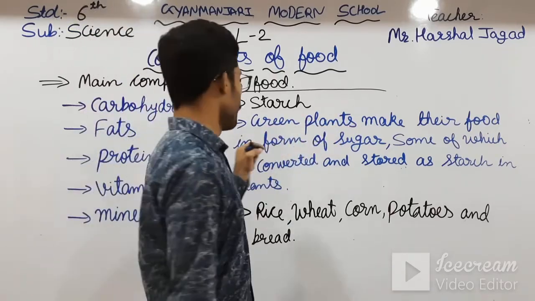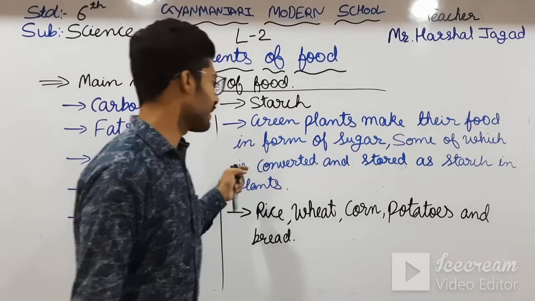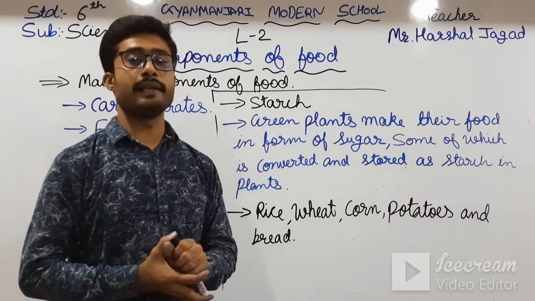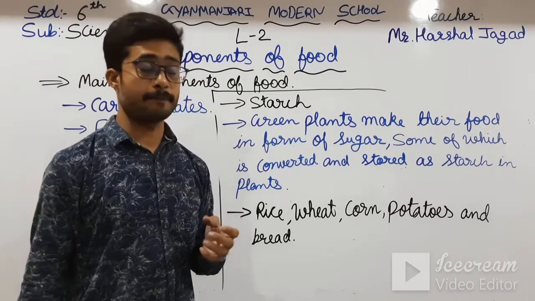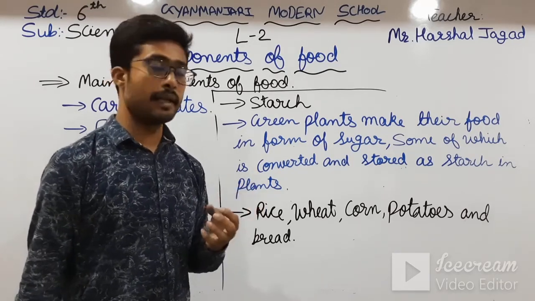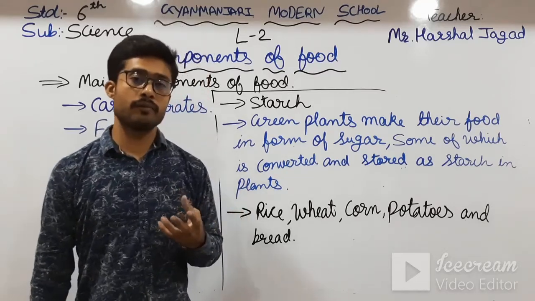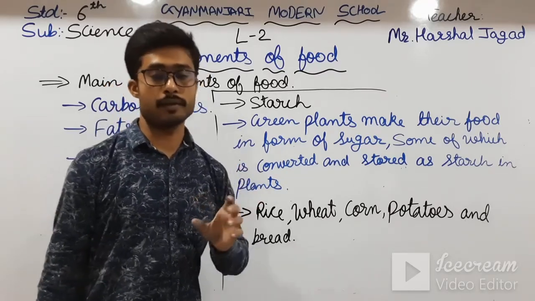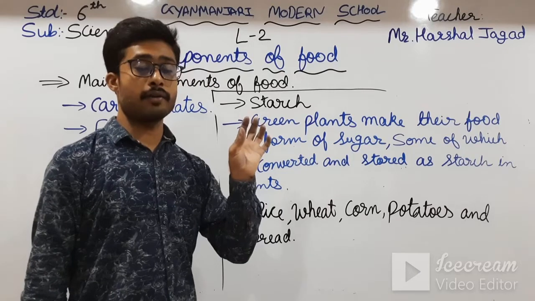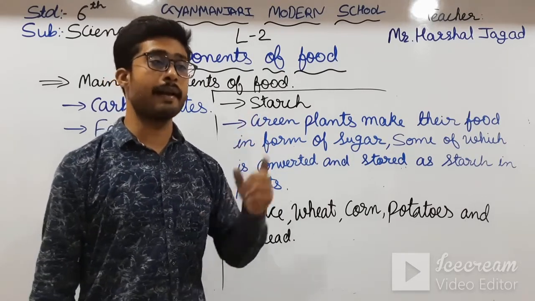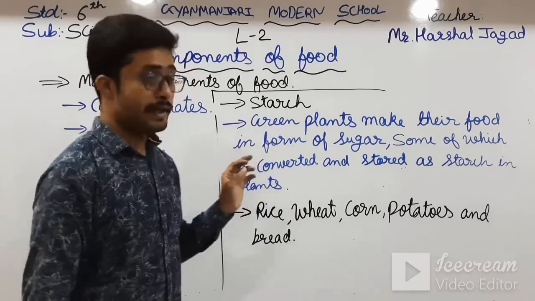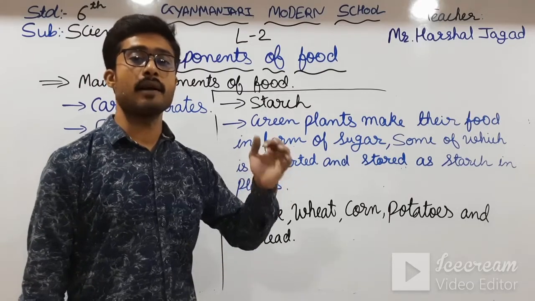Green plants make their food in the form of sugar, some of which is converted and stored as starch in the plants. So, in this point, we all know in the previous chapter we have seen that the plants produce their food by their own only. So, how do they produce their own food? They do the photosynthesis process. Carbon dioxide from the air, water from the soil, and in presence of sunlight and chlorophyll, the sugar is produced and releases oxygen.